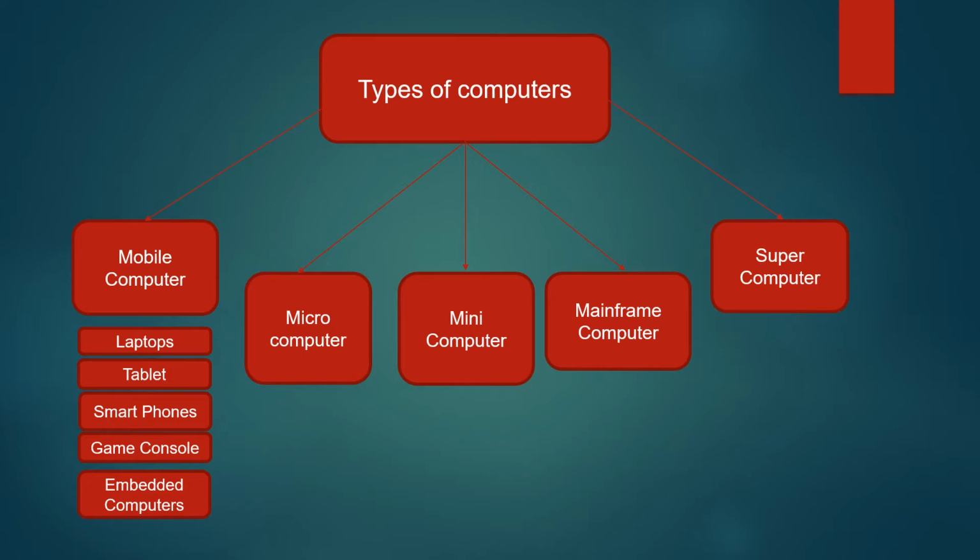You must be using all of these computers or maybe one of these computers. We will be discussing briefly all these computers in the next slide and how they are different from each other in terms of their speed, size, use, etc. Let's start with mobile computer.